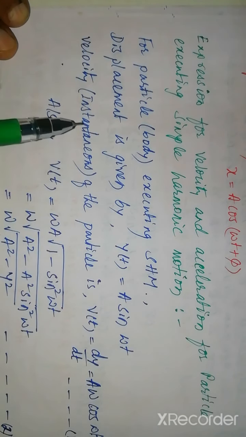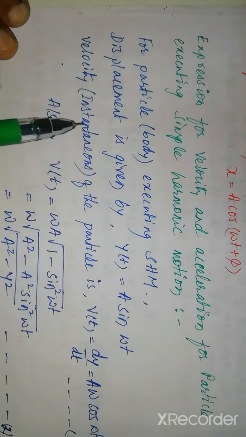This equation 1 is the equation for the velocity as a function of time. As time varies, velocity varies. Also, velocity at any given instant of time, v of t equals A omega cos omega t, can be written as A omega root of 1 minus sin square omega t. Taking this A inside the root sign, we can write omega under root A square minus A square sin square omega t.